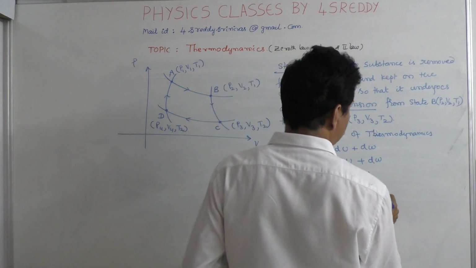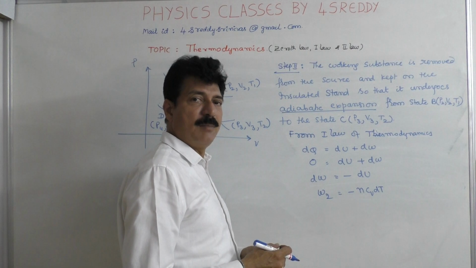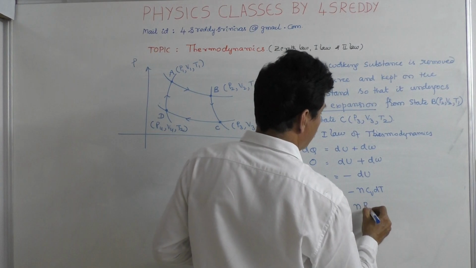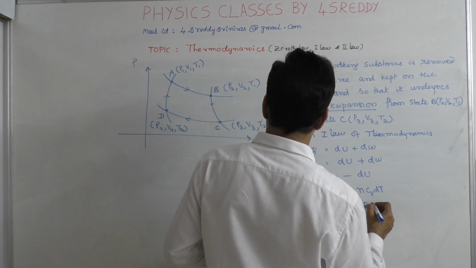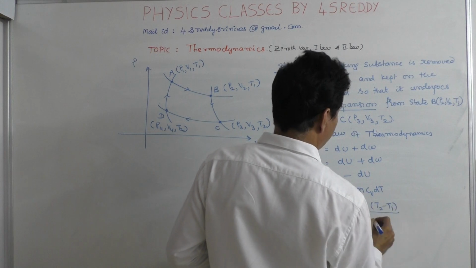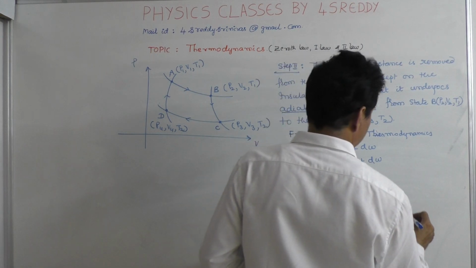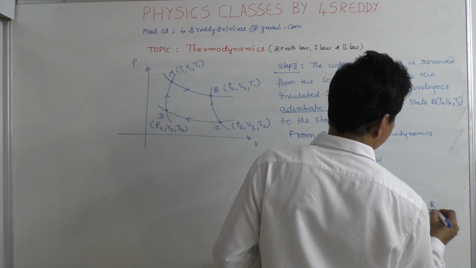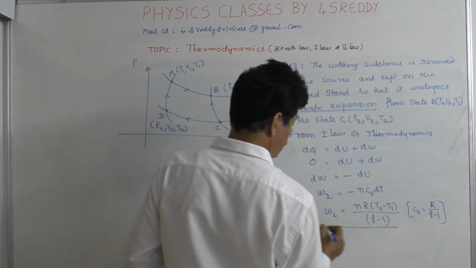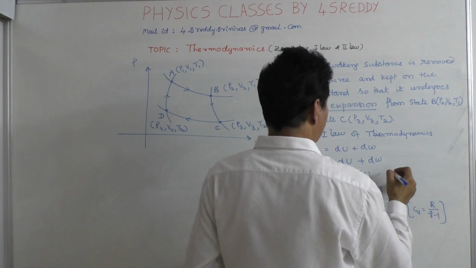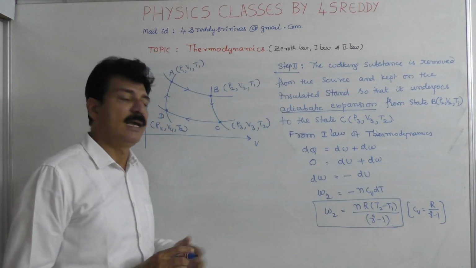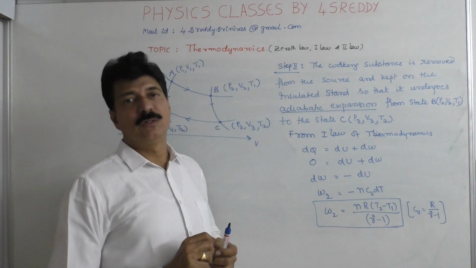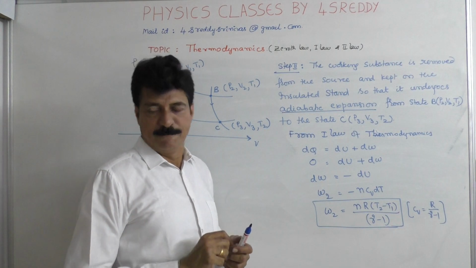Cv is nothing but R by gamma minus 1. Therefore, W2 is equal to nR into T2 minus T1 by gamma minus 1. In the adiabatic process, the exchange of heat becomes 0.